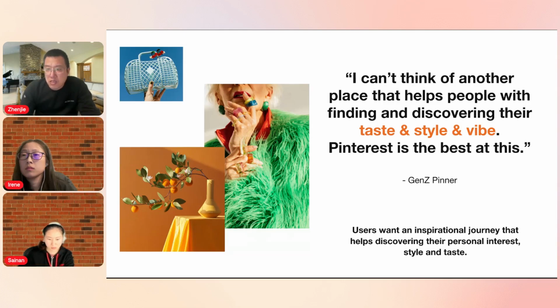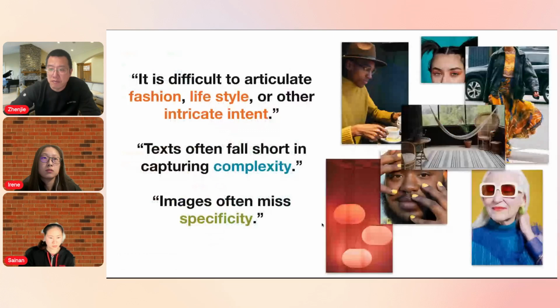Users can also use images to search to capture the rich elements. But when you start to use an image, you start to lose the explicit expression of intent, which often results in the failure to capture the specificity in which direction you actually want us to refine and explore, starting based on the image itself.